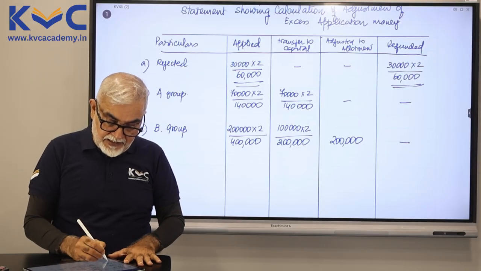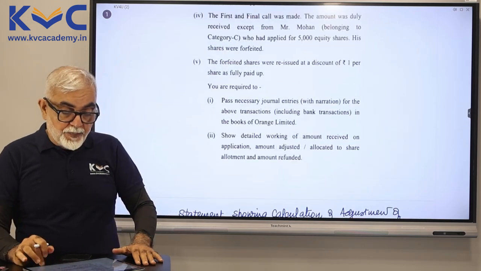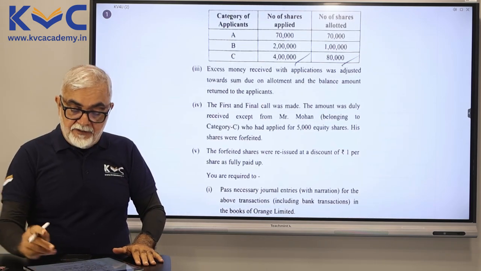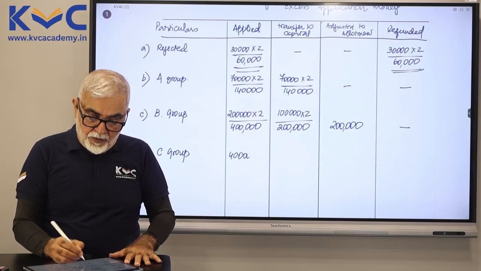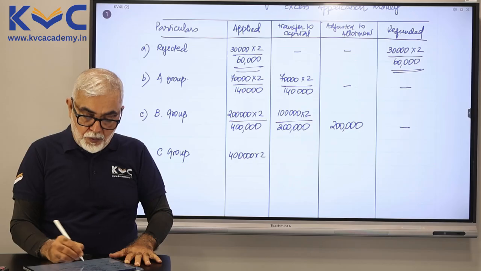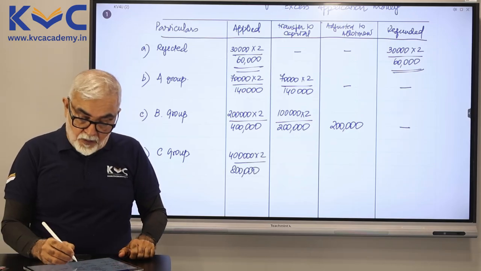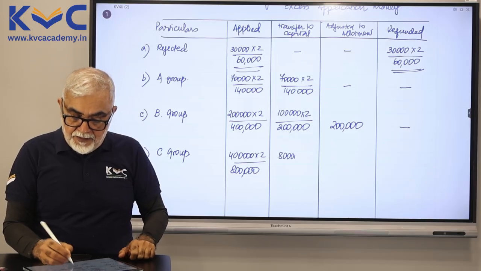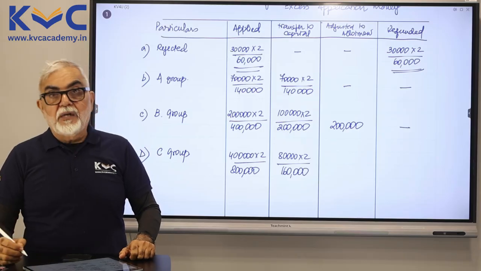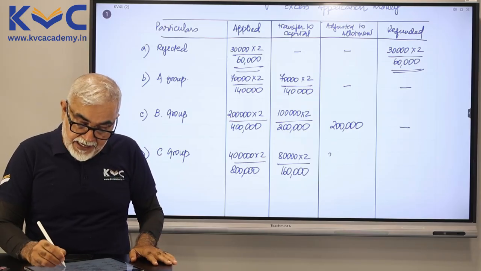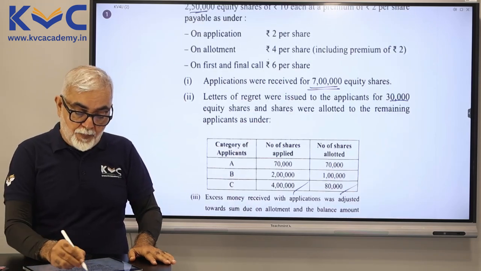Then comes the C group. C group, they applied for 4 lakh. You gave them 80,000. So, they gave you 4 lakh into 2, 8 lakh. What did you give them? You gave them 80,000 into 2, 1,60,000. How much are they supposed to pay for allotment? 80,000 into, what was the allotment due per share? 4 per share.